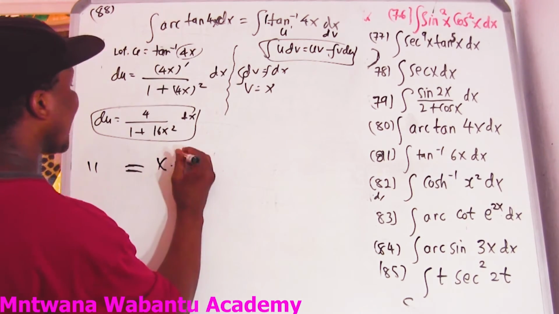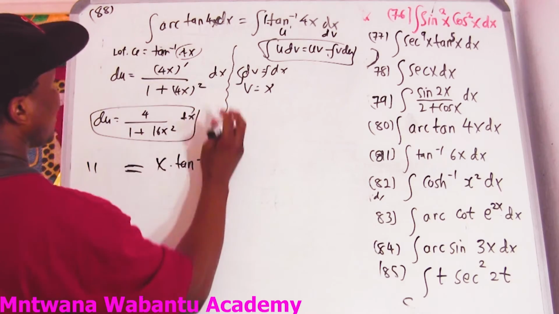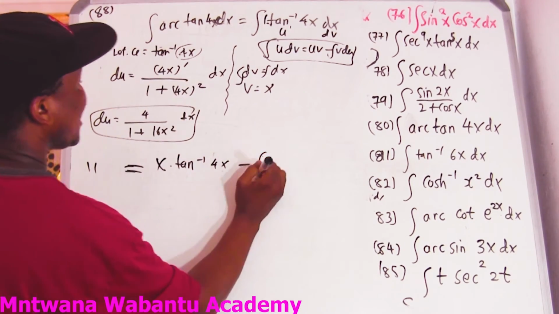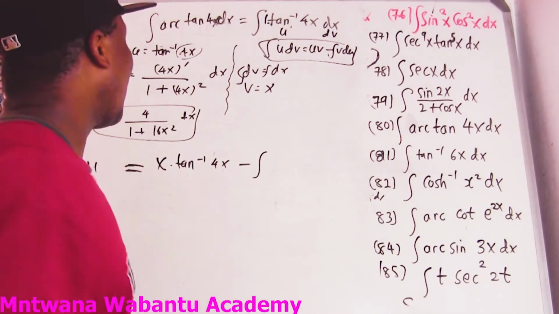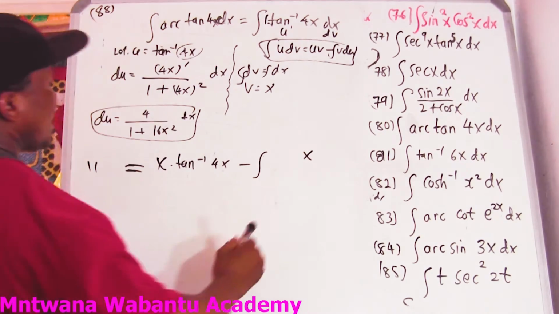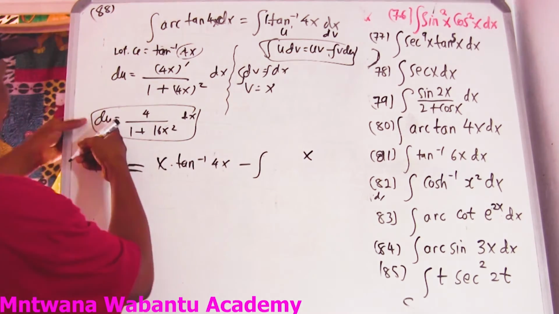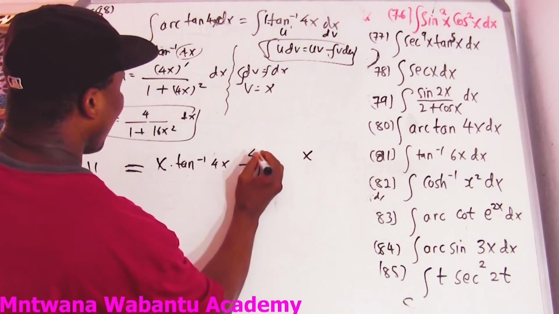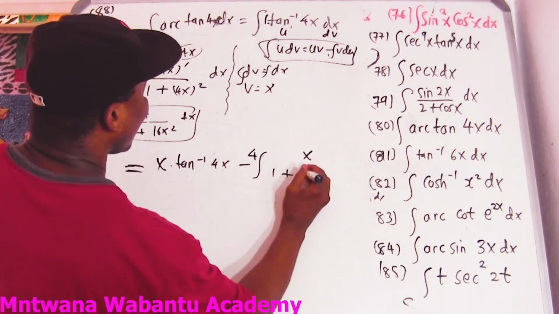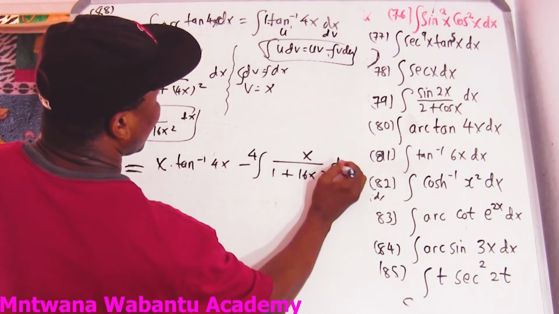So I can start with x and then tan inverse of 4x, minus the integral of v, what is v? v equals x, and then multiply by du, which is 4 over 1 plus 16x squared dx. So I can take my 4 out.